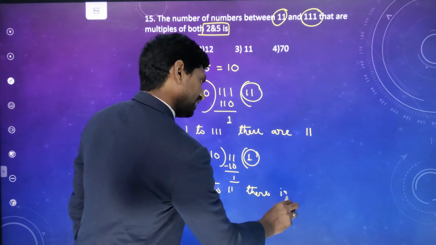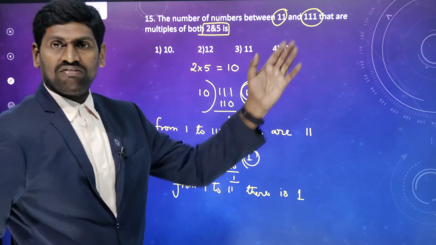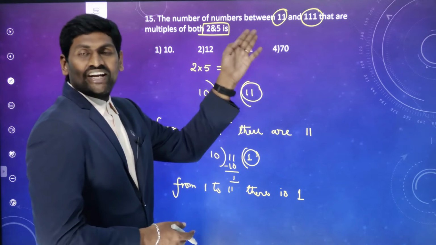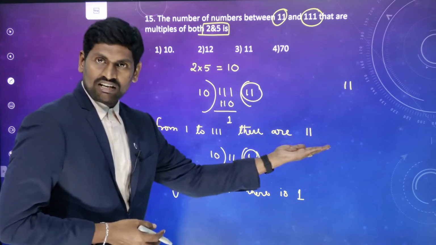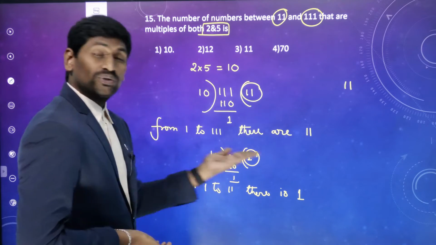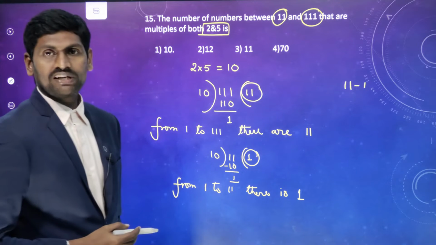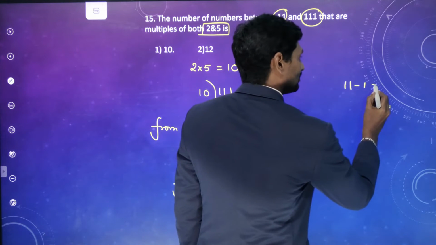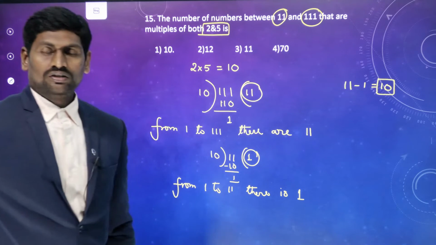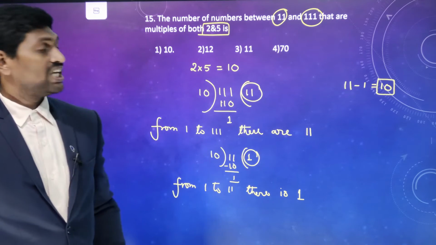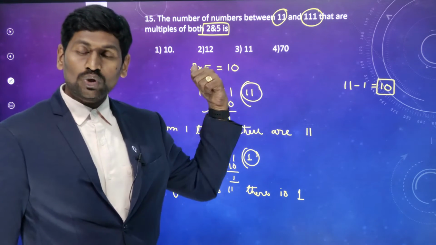So from 1 to 111 we got 11 numbers, and from 1 to 11 we got 1. So I am removing this one. 11 minus 1 is nothing but 10. So from 11 to 111, there are 10 numbers which are divisible by both 2 and 5.